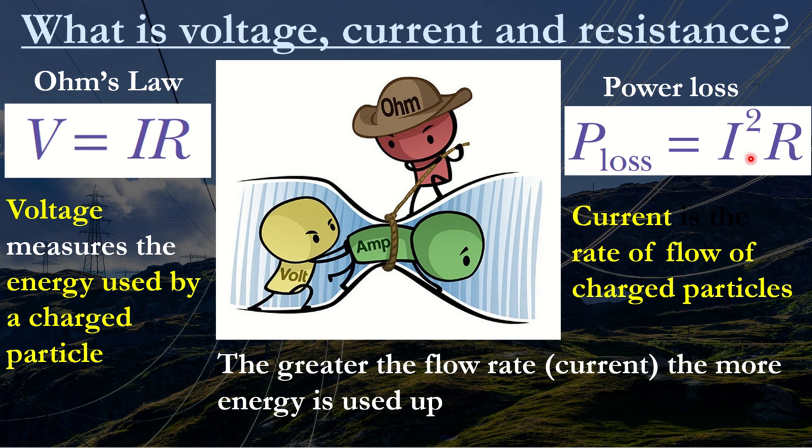It's how many electrons or charge carriers are flowing through a circuit that causes inefficiency. So if you have a really high current, you generate a massive power loss, which makes sense because it's these charge carriers that are interacting with parts of the resistor.